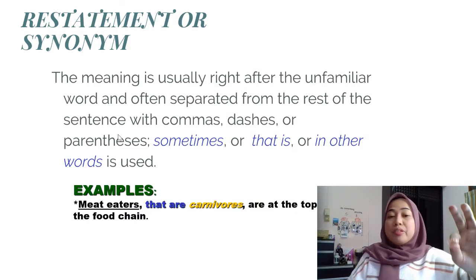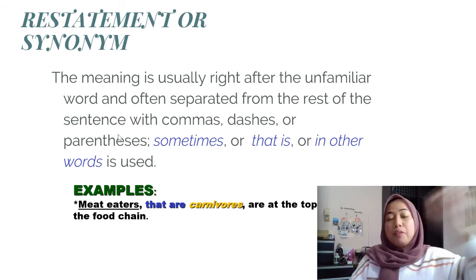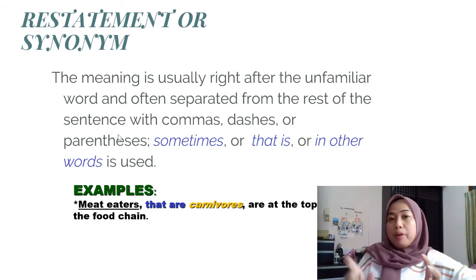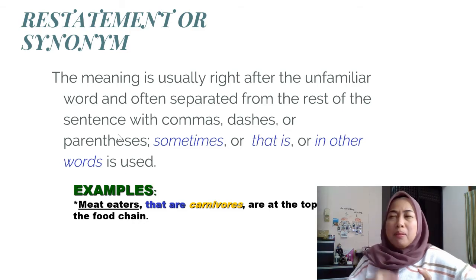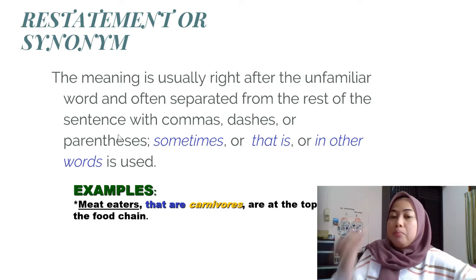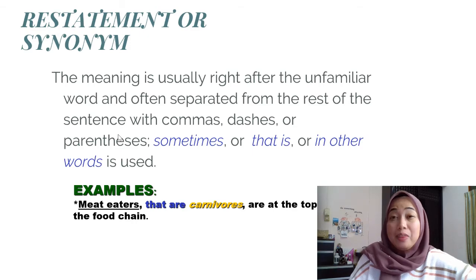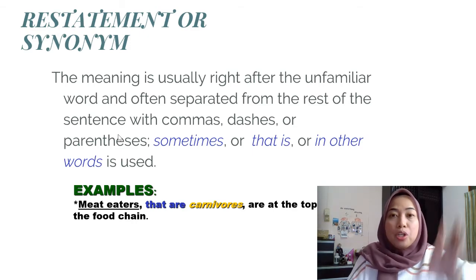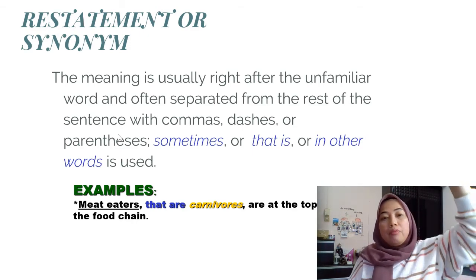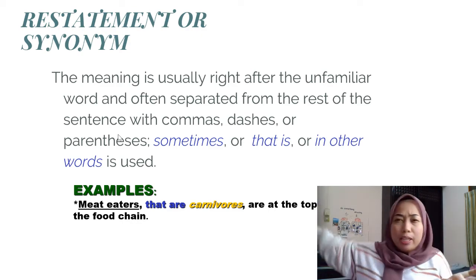Meat eaters that are carnivores are on top of the food chain. So the word carnivore over here could probably be a terminology or a word that people do not know. Some people do not know the meanings of carnivore. So in order for you to make sure that they understand the meaning of carnivores, you give them the restatement or the synonym in front, or maybe somewhere in the sentence itself.